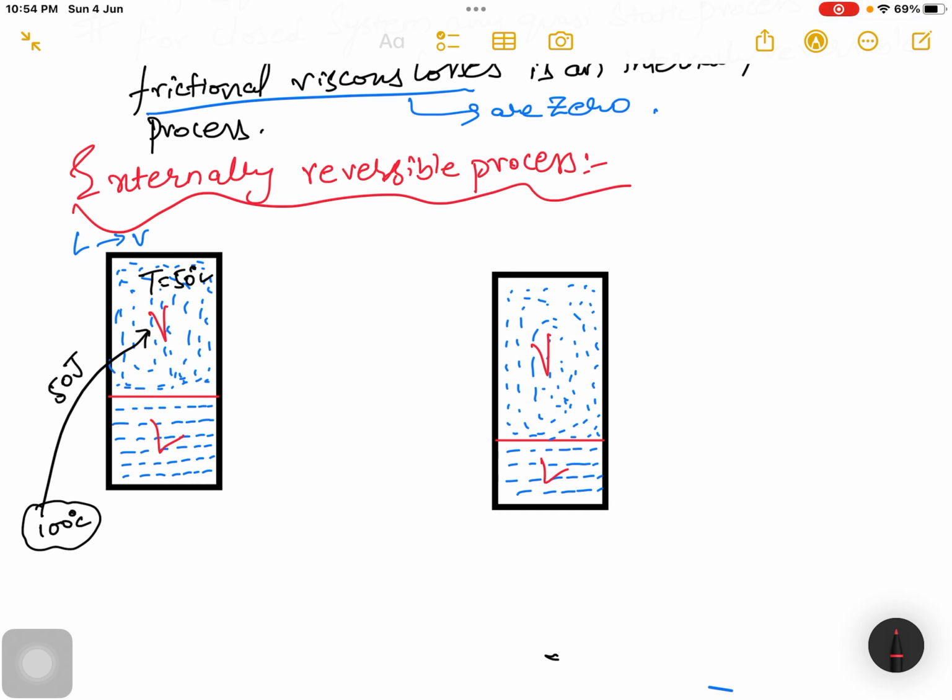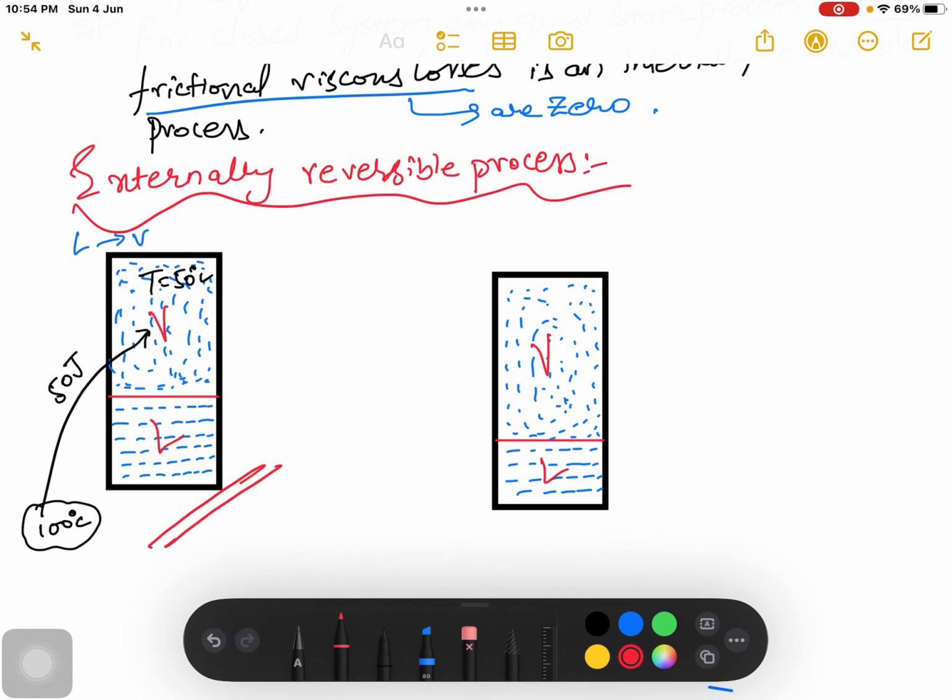What I am doing again is I want the same level as I was having at this stage 1.